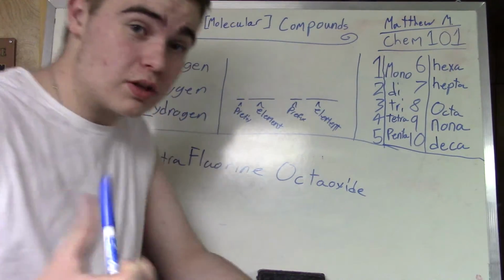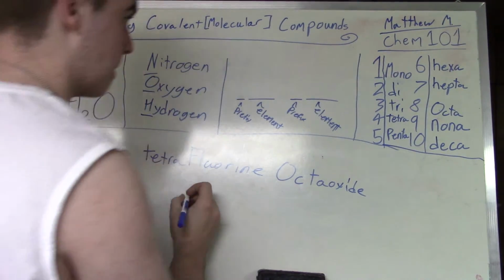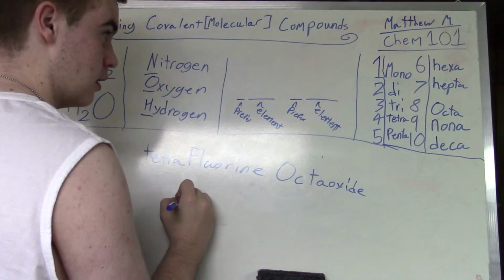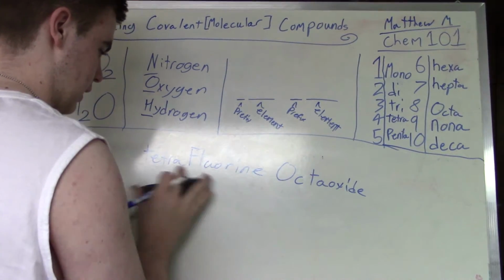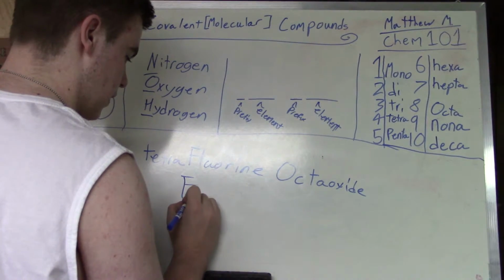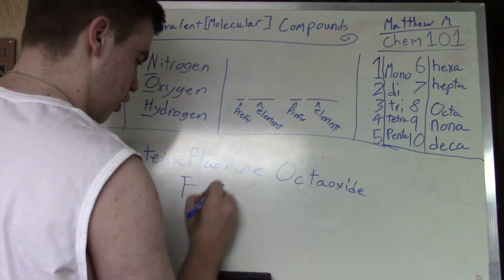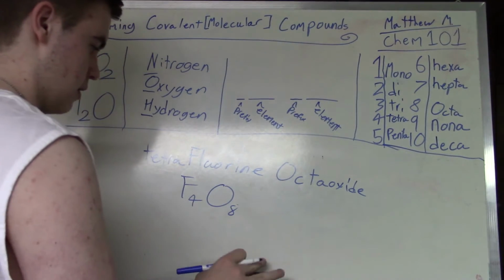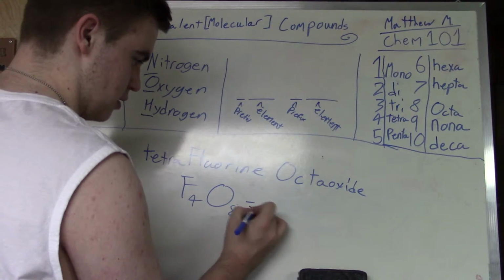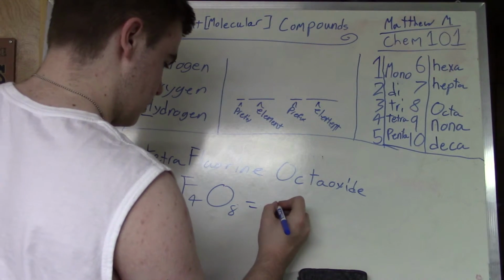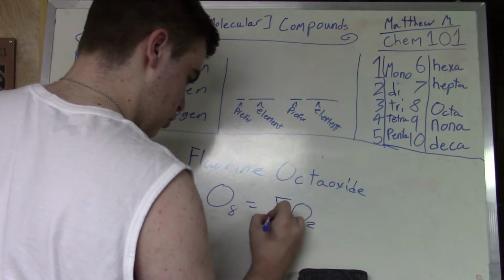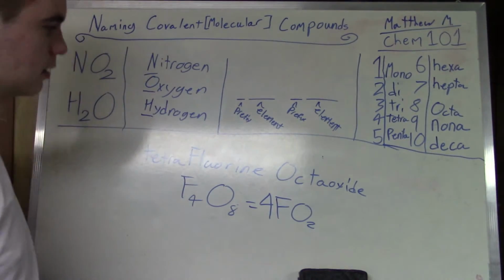Now, as far as I know, the easiest way to write it would be using this. So tetra, so it would be F4O8. But I'm pretty sure another way you could actually write this is FO2 with a big 4 in front.